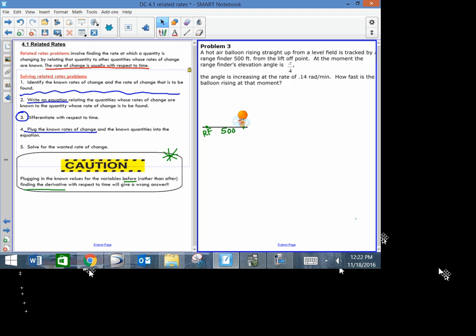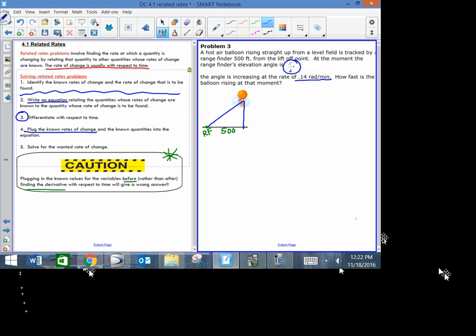All right. At the moment, the rangefinder's angle of elevation, you've seen them on the side of the road, they're measuring, they have an angle that they're looking at. At that moment is pi over 4. The angle, so we have an angle here, so we probably have a right triangle there, is increasing at the rate of 0.14 radians per minute.